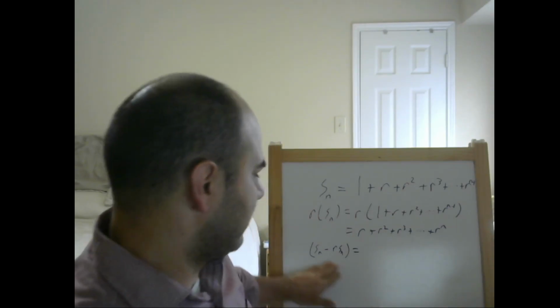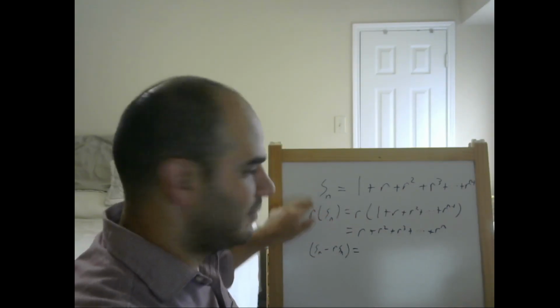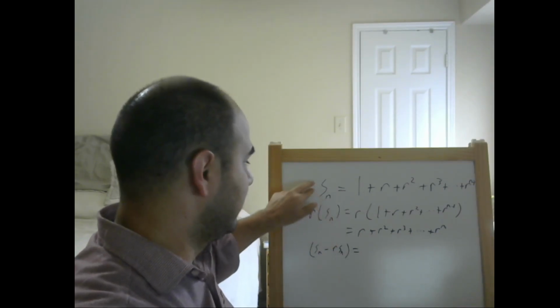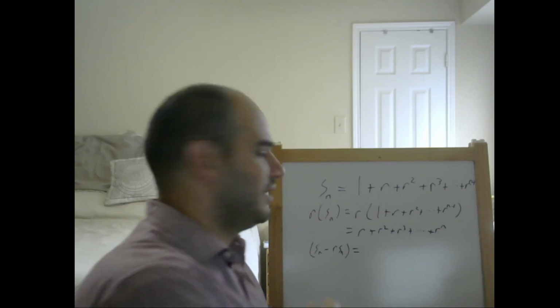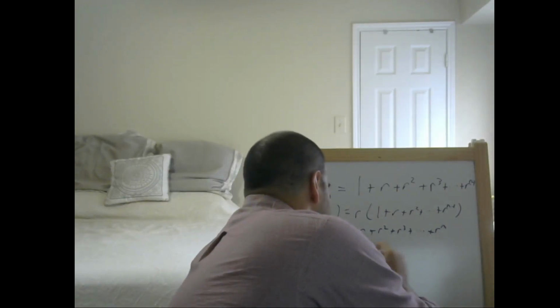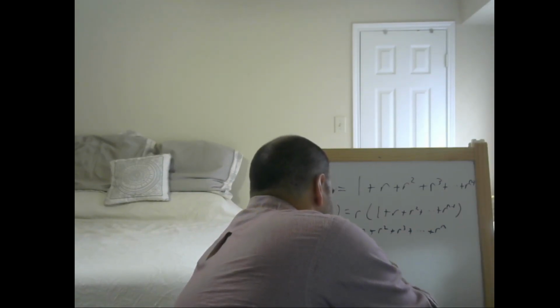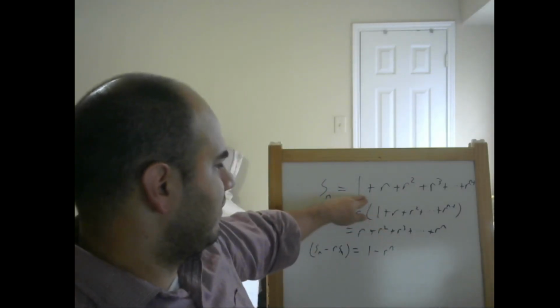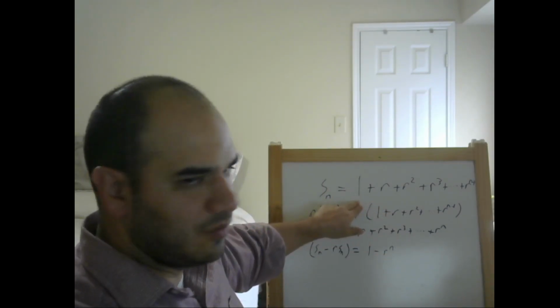So if we do it like this, where we subtract this sum from this one, using this notation, then everything from this first one cancels out, except for the leading 1.